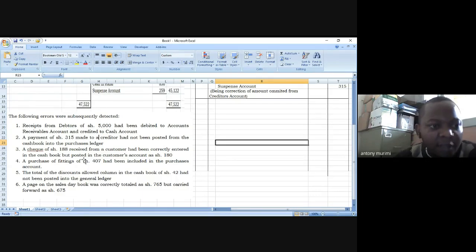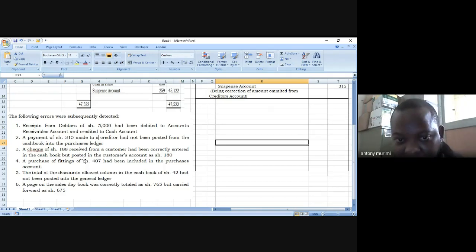So there's an error. Instead of posting 188 in the customer's account, it was posted as 180. It was posted less by 8 shillings. So we need to correct for this.